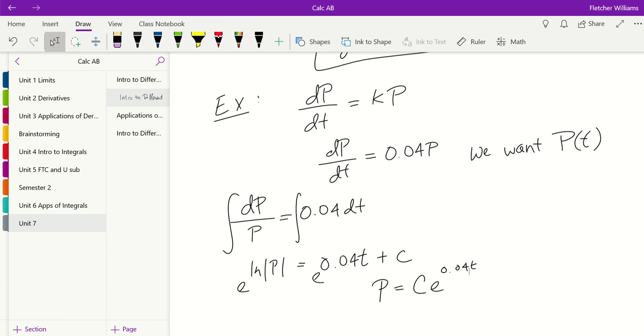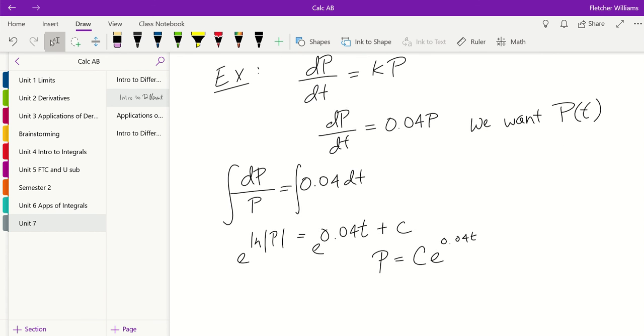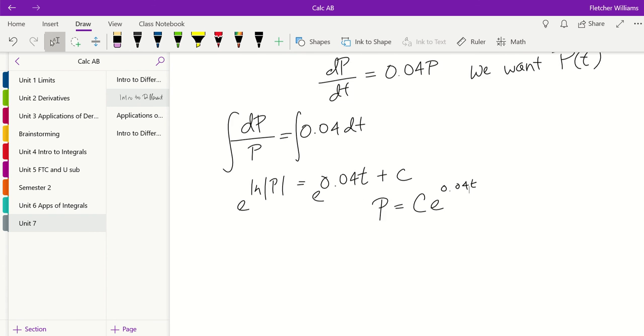So they didn't give us a number for the initial population, but it might be helpful to put something in there to stand for it. So let's call P at time 0 P naught.